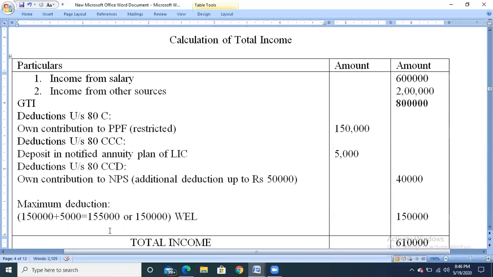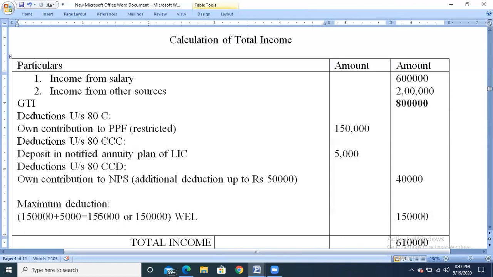So 80C 1,50,000, 80CCC 5,000, so total is 1,55,000. The maximum we can claim is 1,50,000, whichever is less. So the lesser value is 1,50,000. So the deduction amount is 1,50,000. So gross total income is 8 lakh. Deductions: 40,000 plus 1,50,000. Subtracting them, we get 6,10,000 as total income.